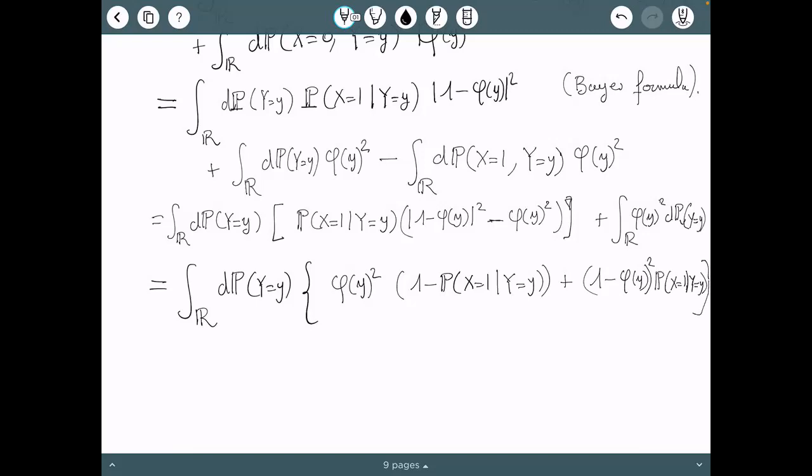But we have to remember that phi is a function which goes from R into {0, 1}, so it can take only two values: the values for which phi is equal to 0, and the values for which phi is equal to 1. Didn't we lose a minus on phi of y squared?